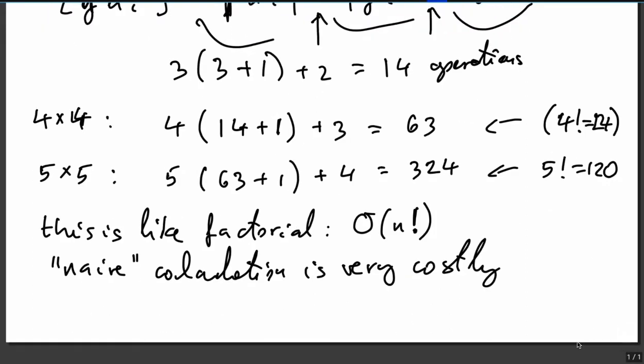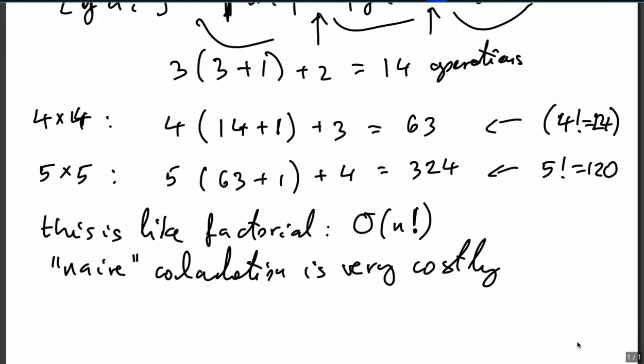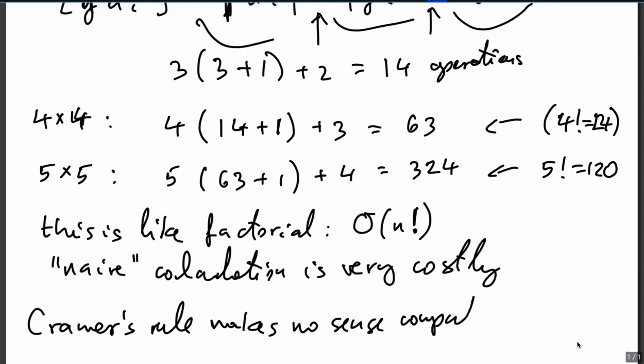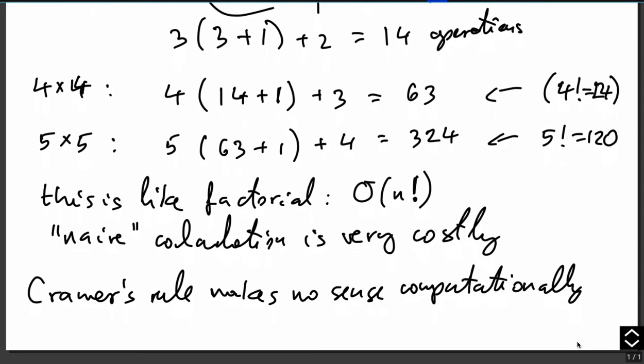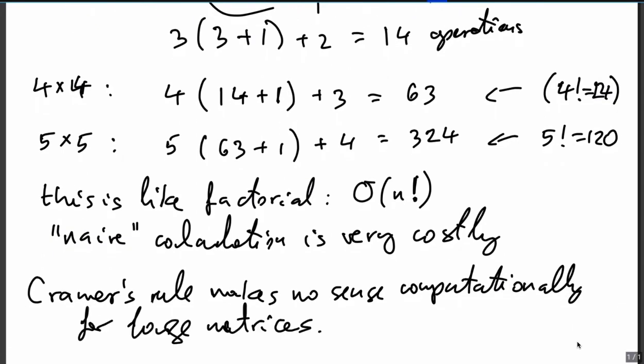What this means is that, for example, Cramer's rule, you can look up what Cramer's rule is. This is a formula to calculate the solution of a linear system using determinants. It makes no sense in practice, computationally, for large matrices. And in practice, we have huge matrices, like 1000 by 1000 size matrices.